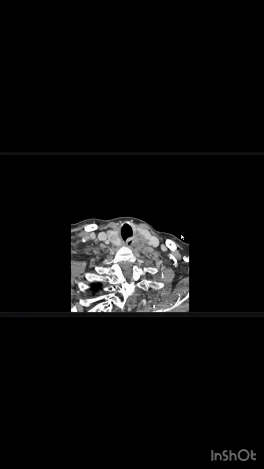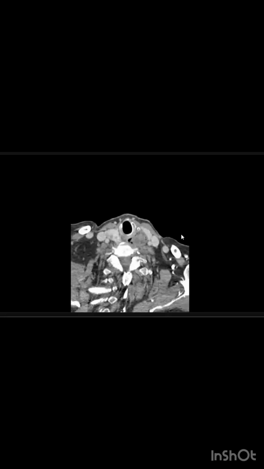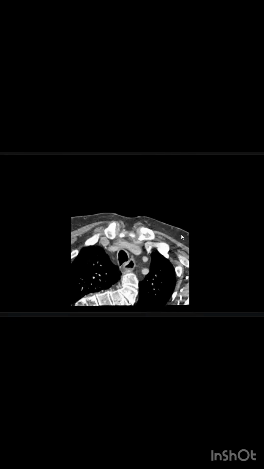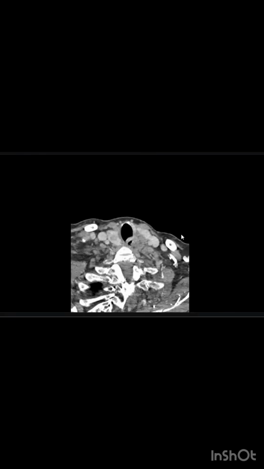I am suspecting a pharyngoesophageal diverticulum with impacted food particles. So I would communicate my findings to the referring physician and correlate with any previous imaging if available, and would also advise an upper GI contrast study for further characterization. Can you specify this diverticulum?